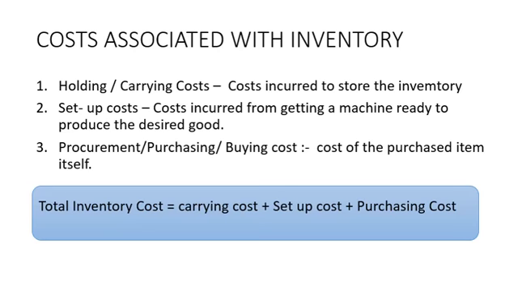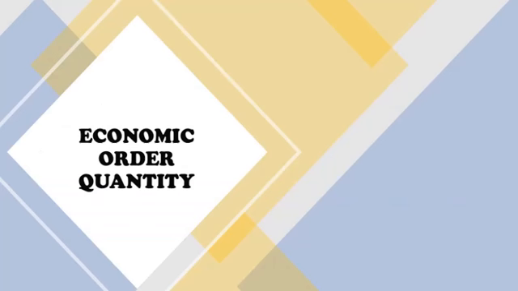Now, once you are aware of all these types of costs associated with the inventory, let us move ahead to a very important concept under inventory management, that is economic order quantity. So economic order quantity or EOQ is an important factor in controlling the inventory.